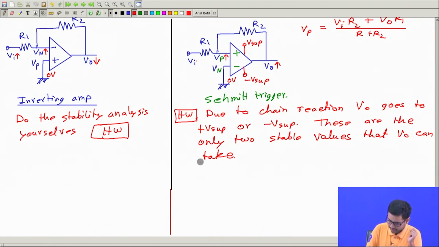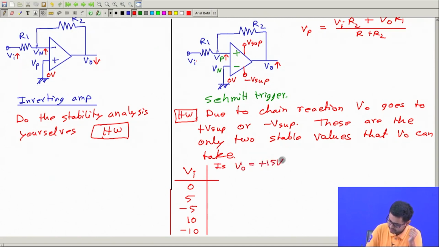Now I will request you to play another small game. The game is like this. You take different values of input. Make a table like this. For Vi, you choose the values 0 volt, 5 volt, minus 5 volt, 10 volt, minus 10 volt, etc. And ask, is Vo equal to plus 15 volt possible? Yes or no?